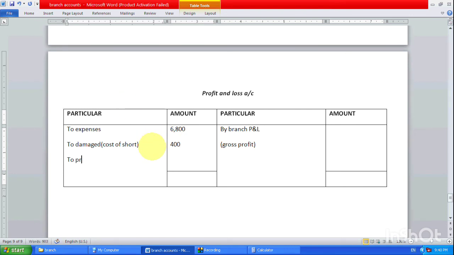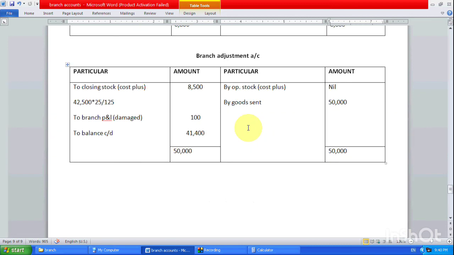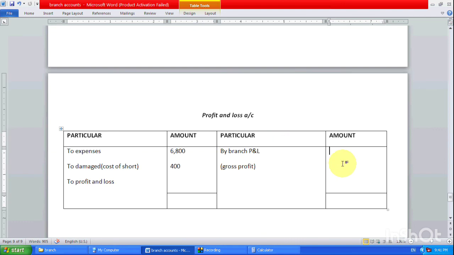Now after cost of stock, profit and loss account. Here by branch P&L, how much branch P&L is here? Branch adjustment 41,400, that is known as branch P&L.